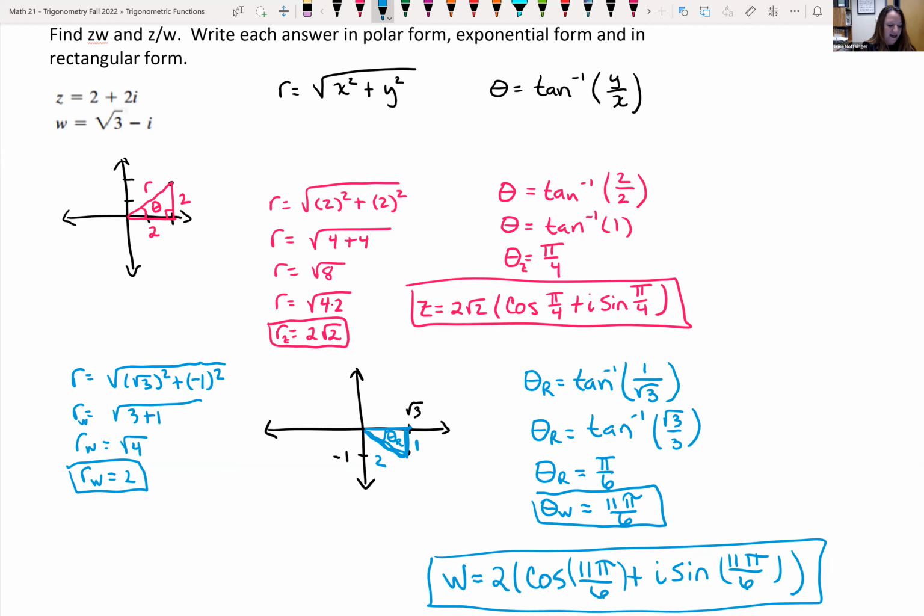So now when I'm looking at z times w, I know that this is equal to my r value for z times my r value for w. So I have my r value for z is 2 root 2 times my r value for w, which is 2, all times cosine.